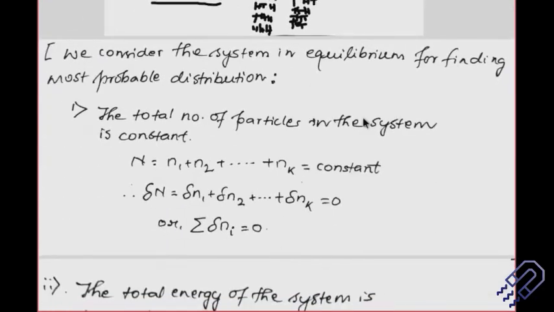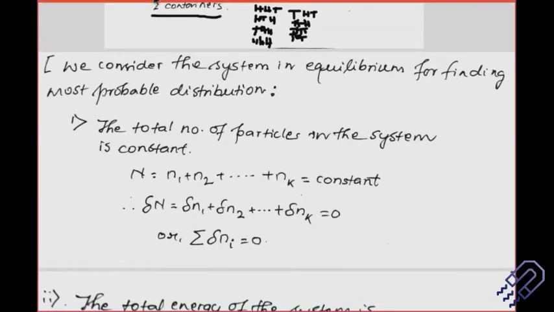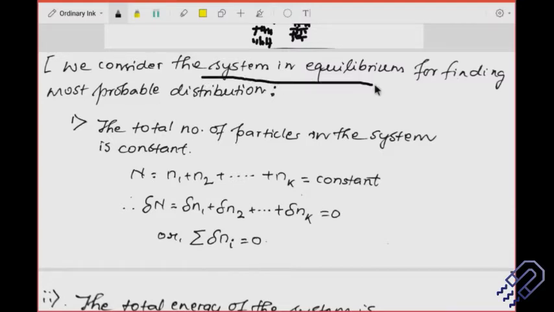Next, one more concept that we should know. Whenever I talked about statistical mechanics from the last class onwards, even in classical mechanics at some point, we said that the system must be in equilibrium. So what do you mean by a system in equilibrium? There are certain conditions. If it is a chaotic system which is not in equilibrium, the study of this system becomes more and more complicated.